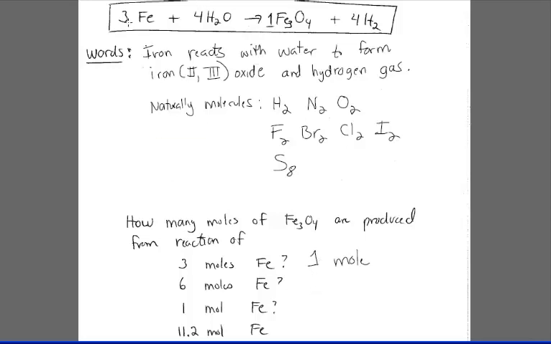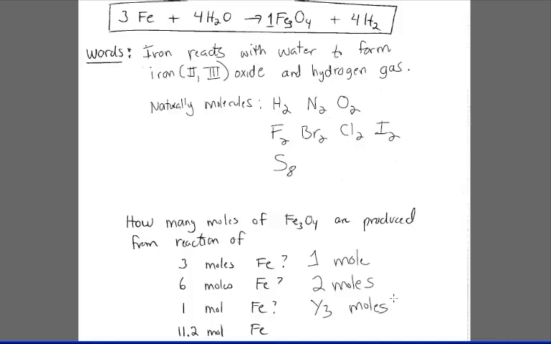And what if you start with 6? The ratio is 3 to 1, so 6 is twice as much, so you're going to get twice as much of the product, 2 moles. And what if you started with only 1 mole of iron? That's a third of this, so you would get a third of a mole.